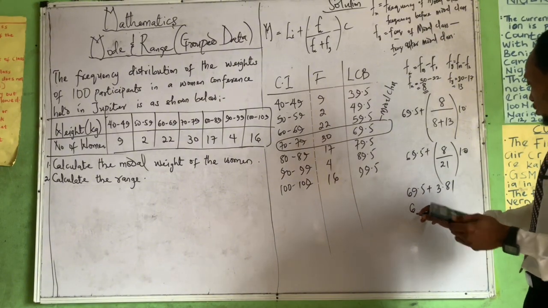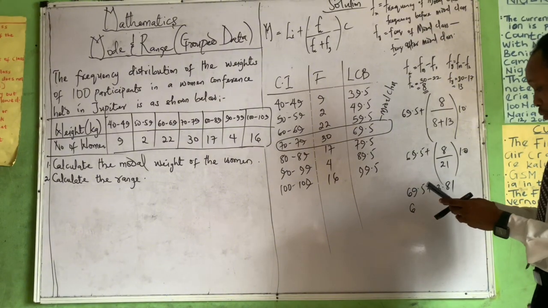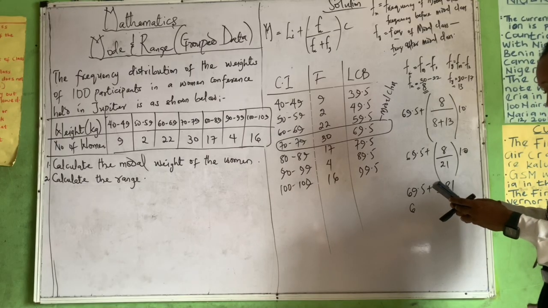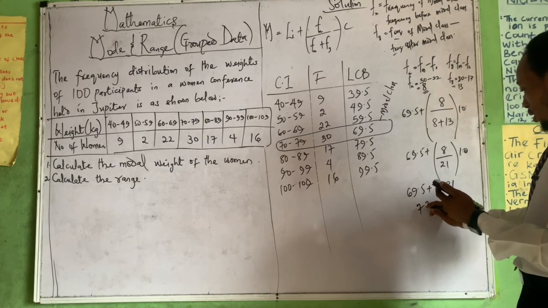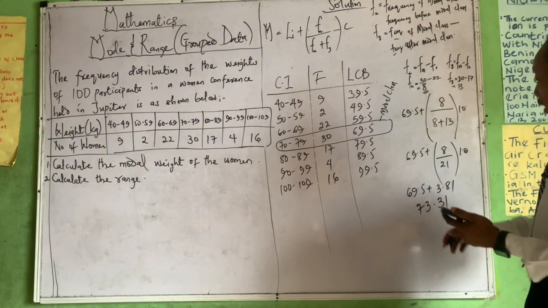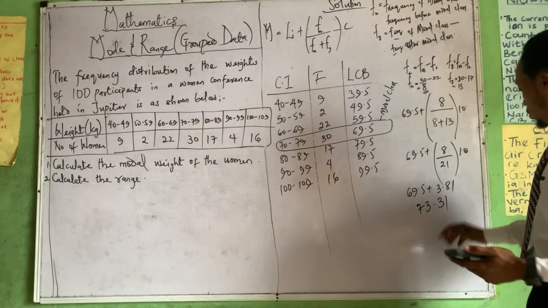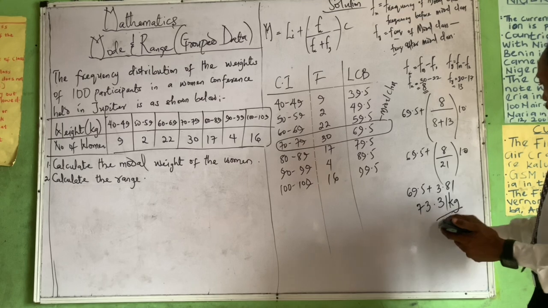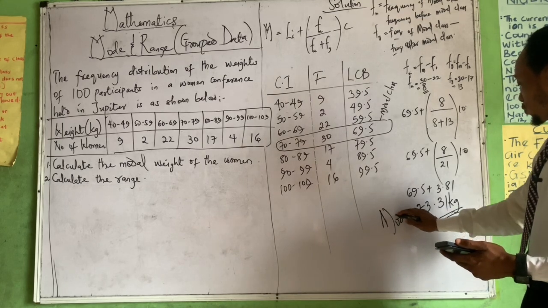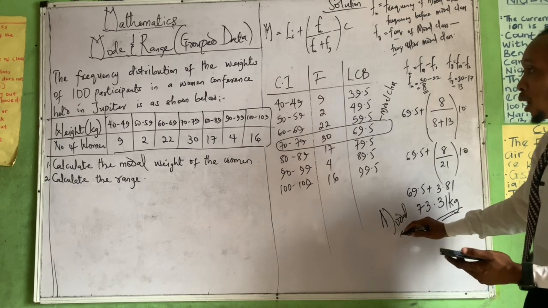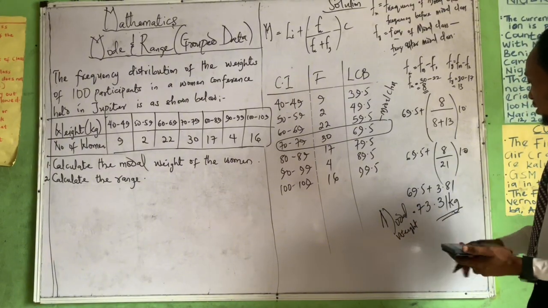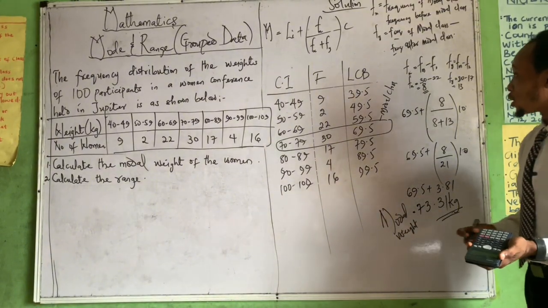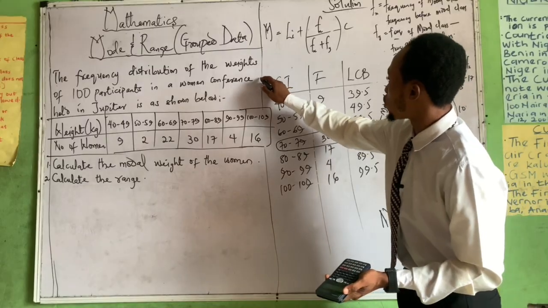Adding it together with 69.5, I have 73.31, and it is in kilogram because it's weight. So our modal weight is 73.31 kilogram. Don't forget, this is just number 1.